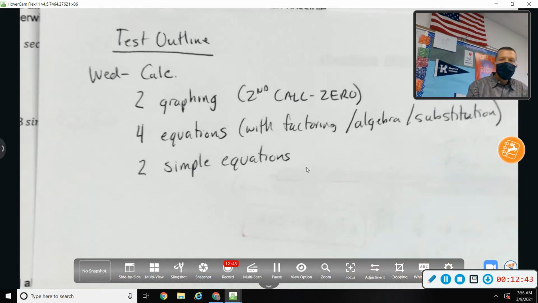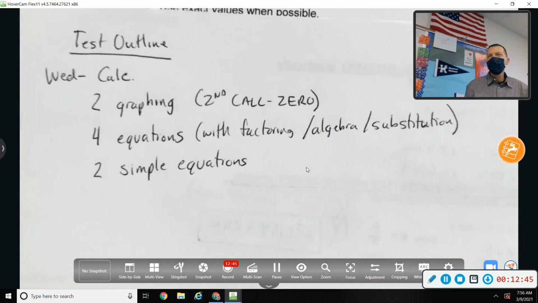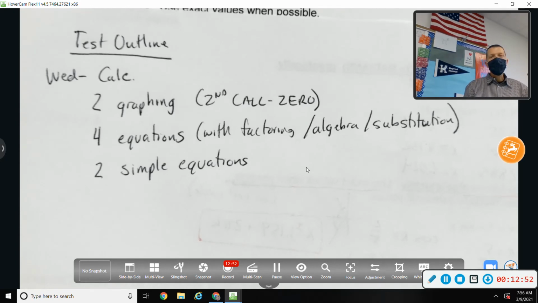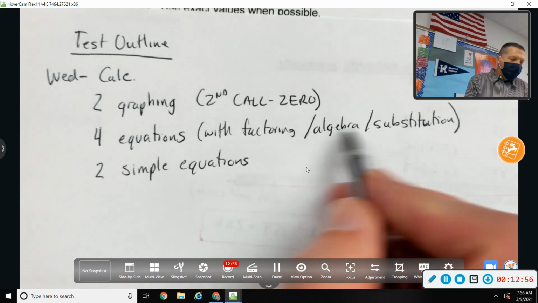The trig substitutions: sine squared plus cosine squared is 1, tangent squared plus 1 equals secant squared, and whatever the other one is. So 4 where you might have to use some or all of those.